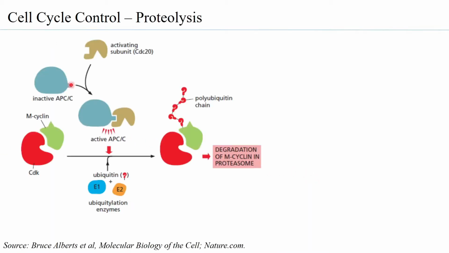Now we know that APCC is present when the cell has entered the M phase, but it remains inactive till the metaphase stage. Only when it is at the metaphase stage will it become active. So the question is, how does the inactive APCC actually get active?